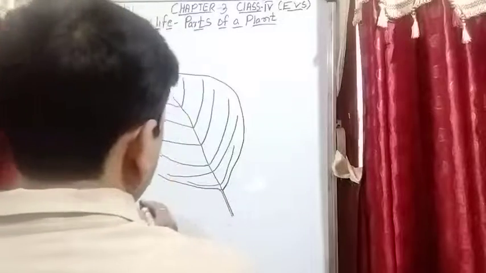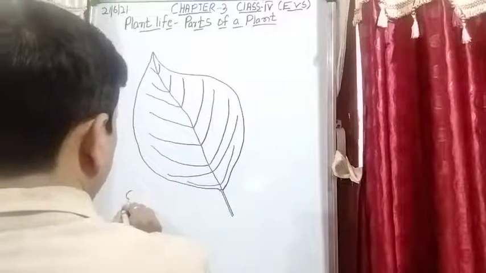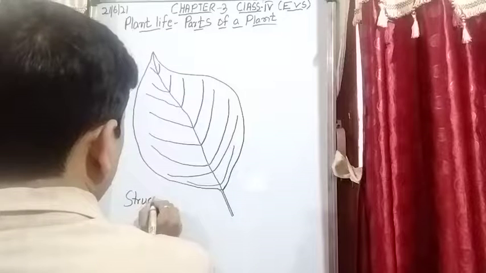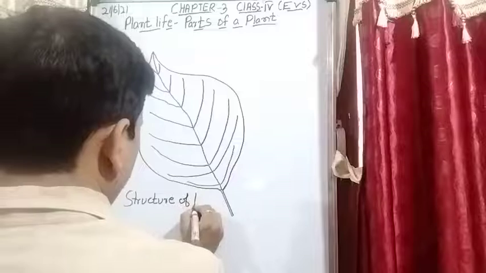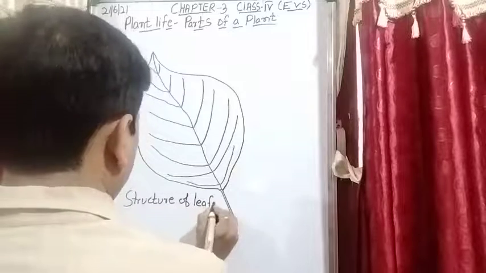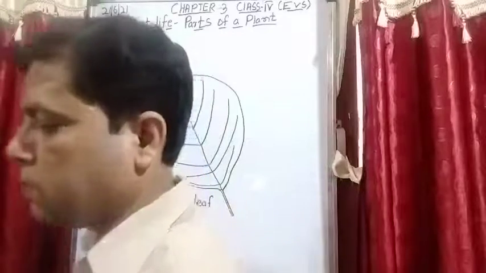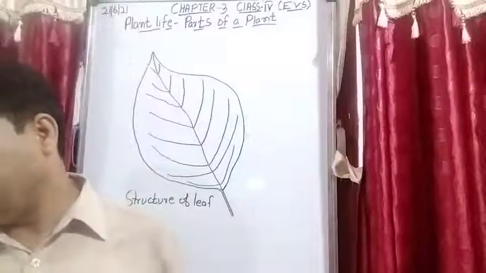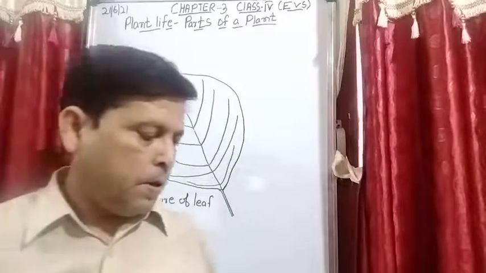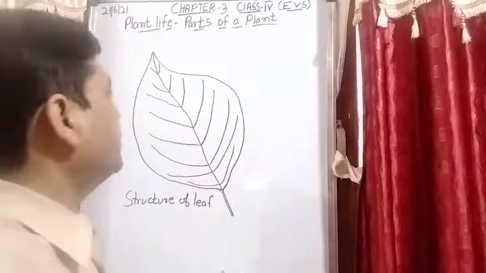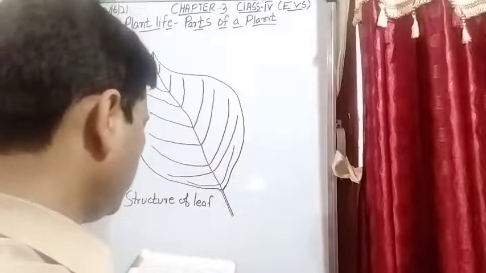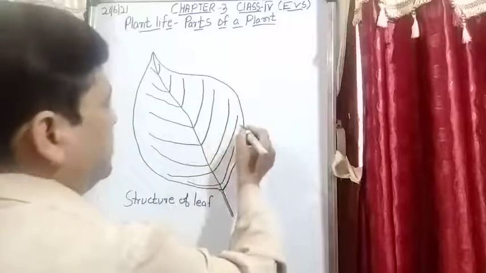So this is the structure of a leaf. Is it clear? This is the structure of a leaf. Now what are the parts of the leaf? Okay, now see this.